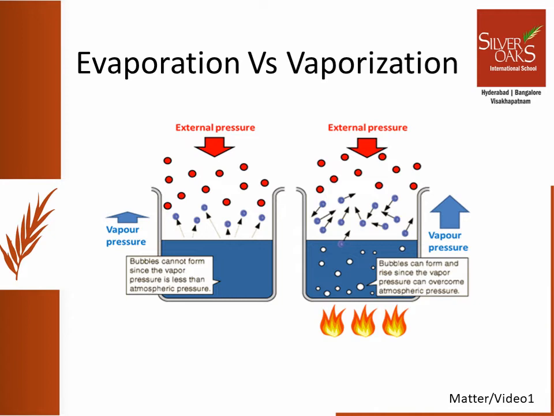In evaporation, the liquid particles on the top surface of the liquid get converted into gaseous state by absorbing energy from the surroundings. Whereas in vaporization, an external source of energy is provided, which brings about the change from liquid to gaseous state within the whole volume of the liquid.